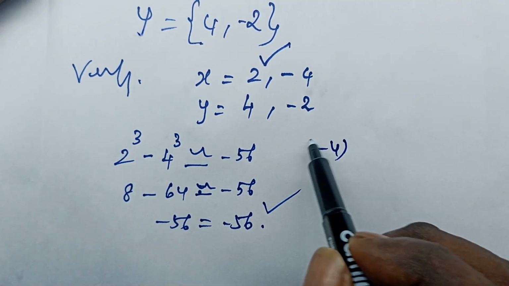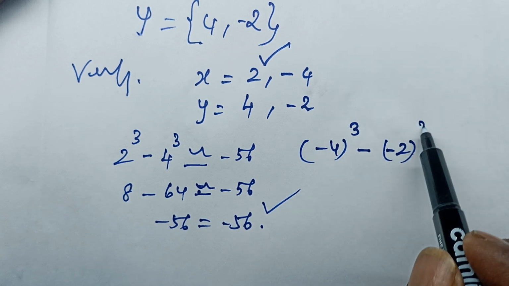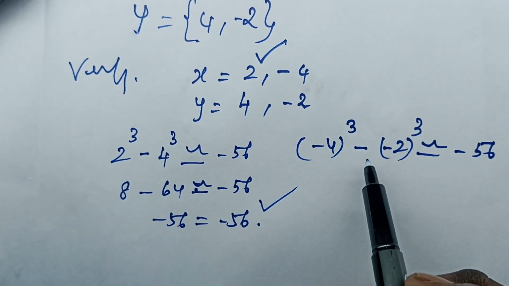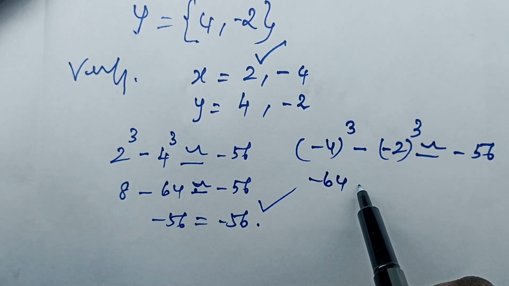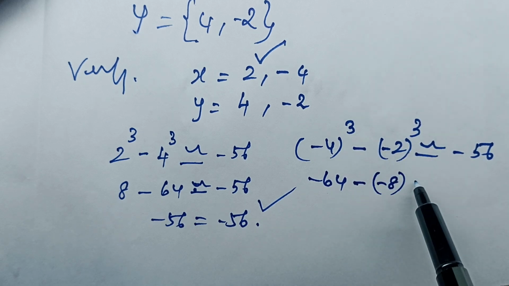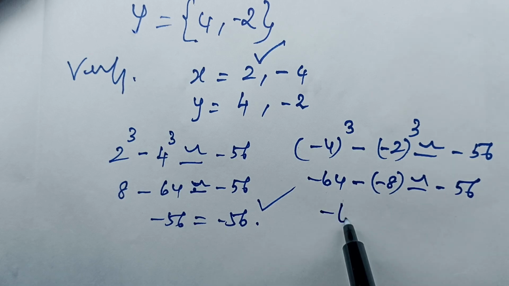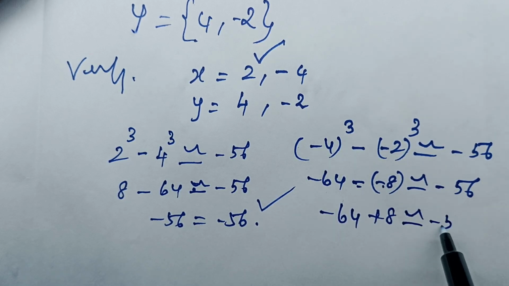And minus 4 power 3 minus minus 2 power 3 equal to minus 56. Minus 4 power 3 is minus 64, minus 2 power 3 is minus 8. Minus 64 minus into minus, plus 8, minus 56.